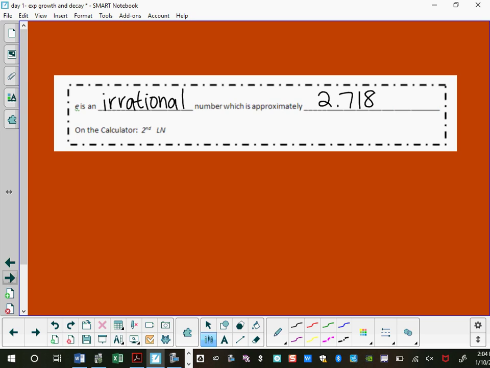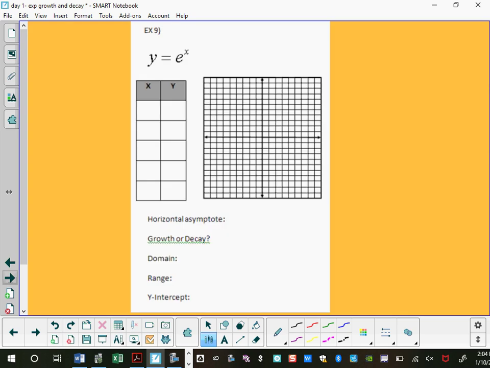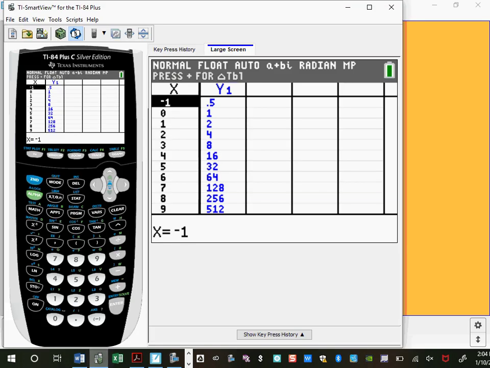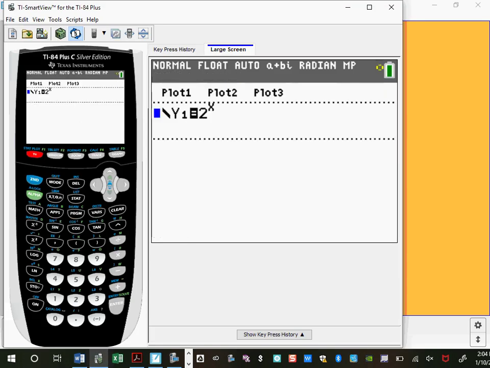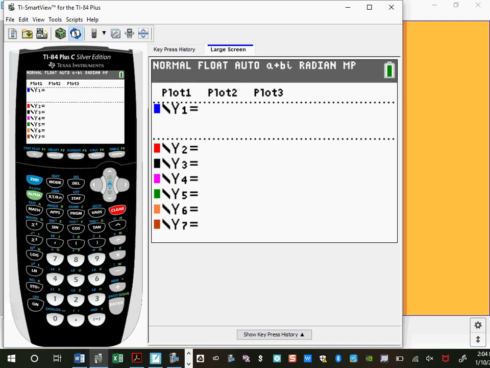All right, let's look at our example number 9. When you have e to the power of x, and you have your TI, so y equals, to get to e, we do second ln, which is right beside 4.